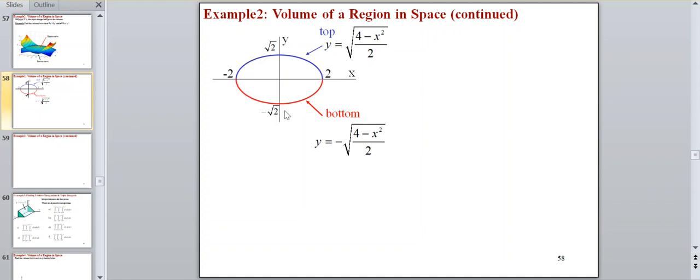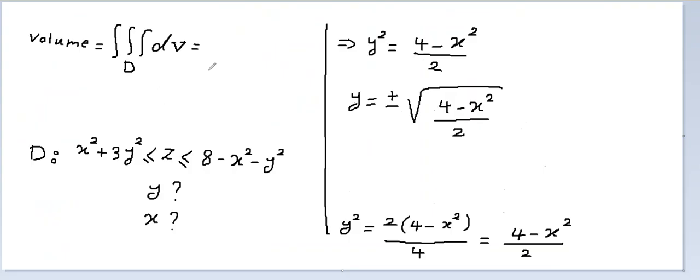So now we can write the limits for y and x here. You can see y is from minus to plus and x is from minus 2 to 2. Okay, so here we are going to set up the integral. Since the space is not enough, I have to erase here.